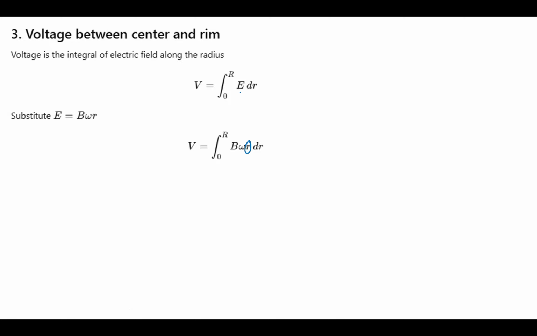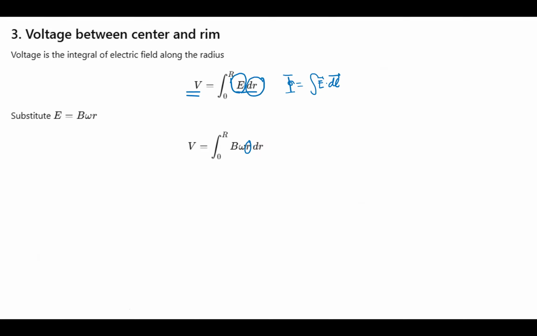So we need to take the integral of the electric field over the path, and then this will give you the potential. What is this? Okay. And in this case, the electric field is along the radial direction, so dl becomes dr. Okay.